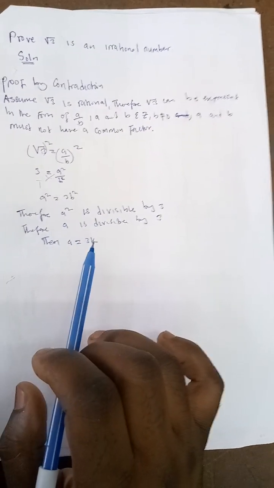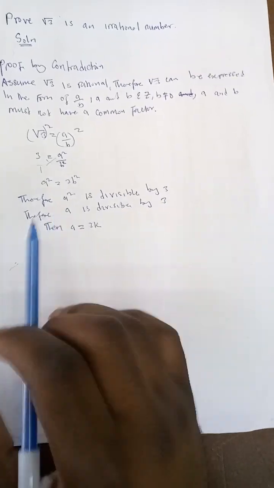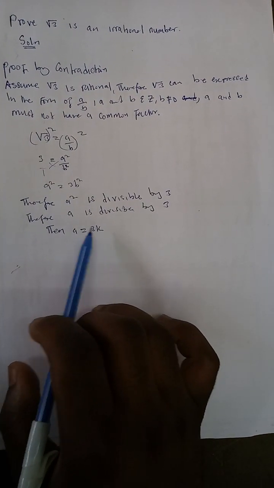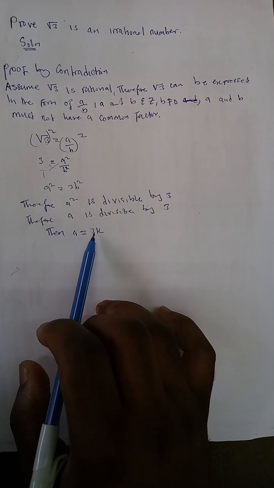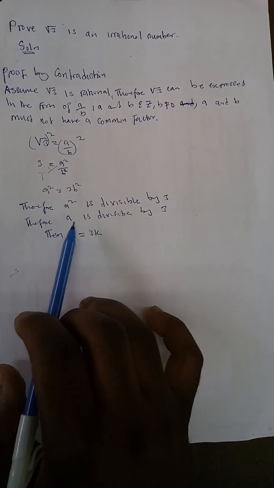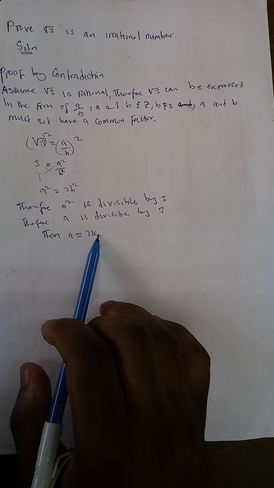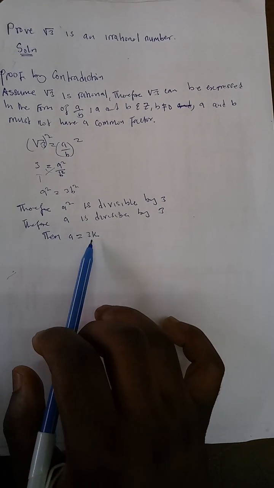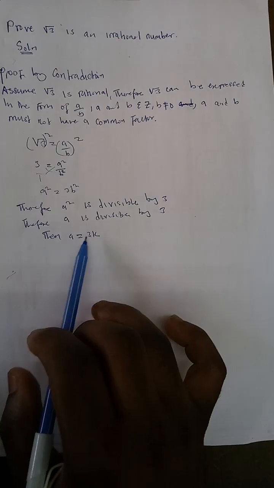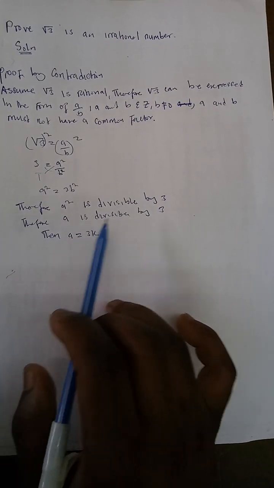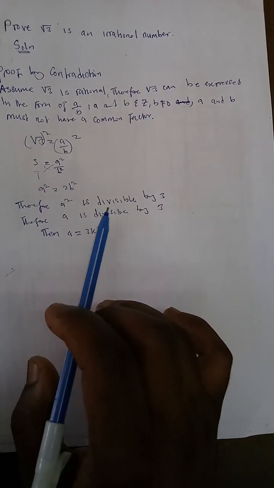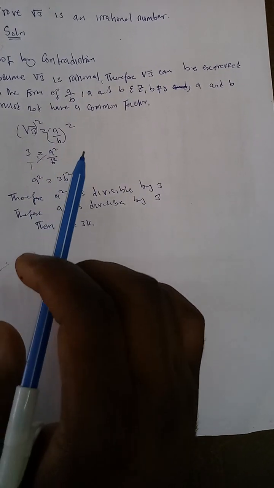That's where the k is coming from; don't get confused. Since we have said a is divisible by 3, if we multiply 3 by any letter, it gives us a. I have chosen k; you can put x if you want, or p if you want. Some of you like x.